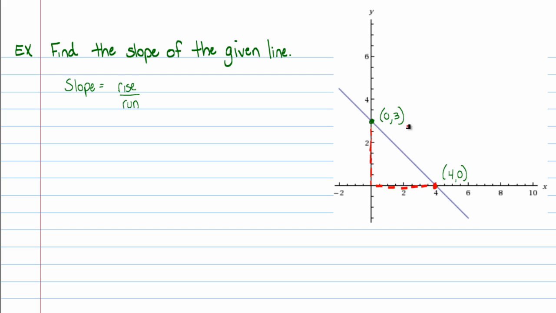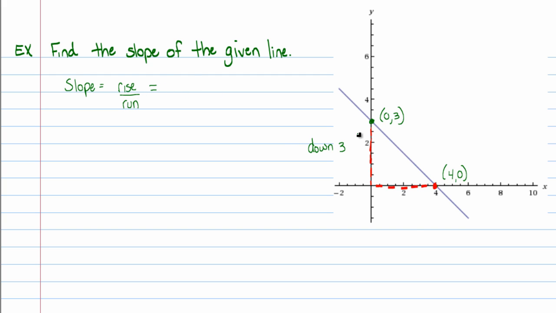Well, how many steps was that in which directions? Well, let's see here. In the vertical direction, I went down 3. Well, down 3 means negative 3. So remember, slope is change in elevation or change in output or change in vertical variable or change in rise over run.